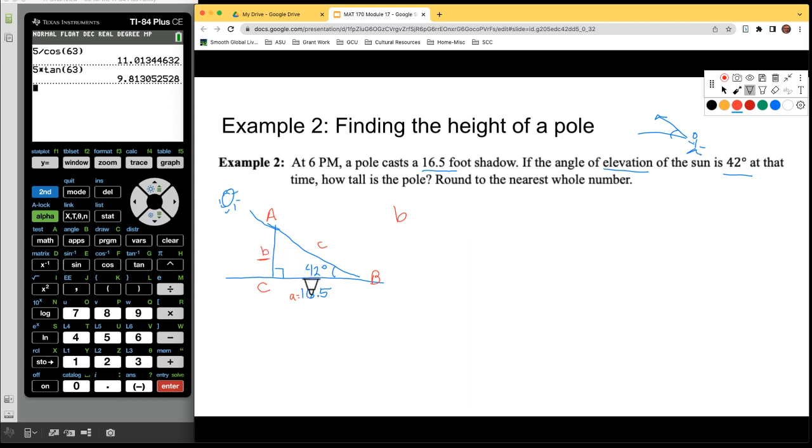Opposite over adjacent suggests that all we have to do is find the tangent of big angle B. So this is going to be the opposite over the adjacent, equal to the tangent of 42 degrees. Again, the algebra on this part is pretty straightforward. We just multiply both sides by 16.5.